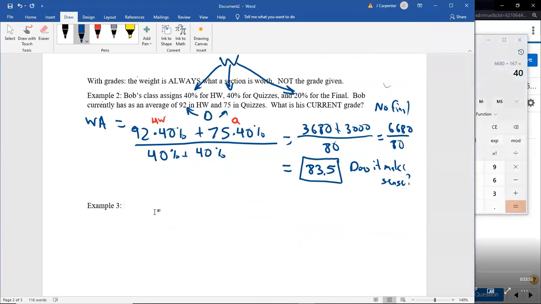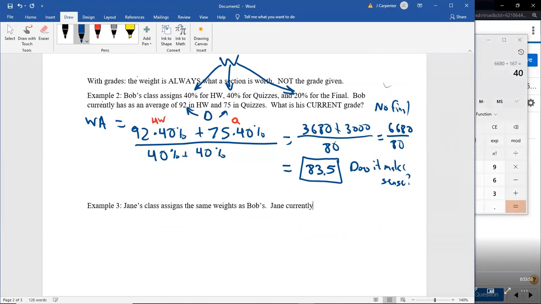Example 3. Jane's class assigns same weights as Bob's. Maybe they're in the same class.